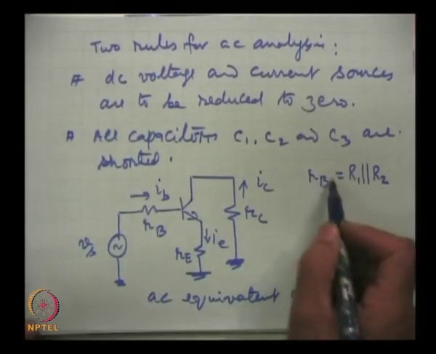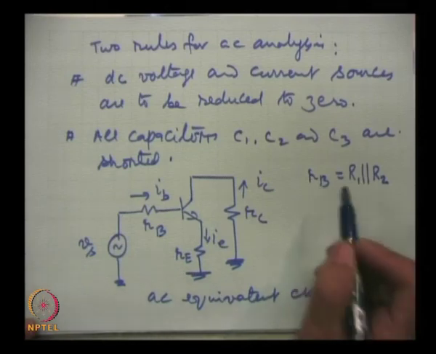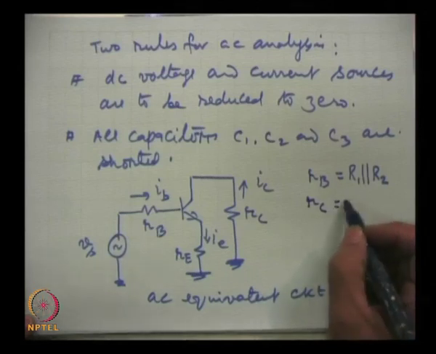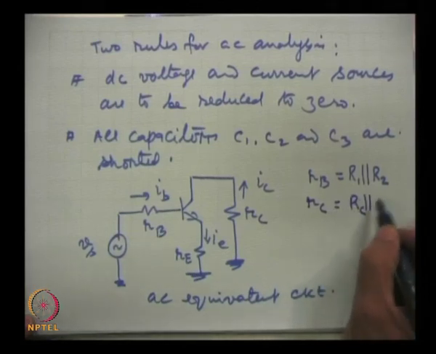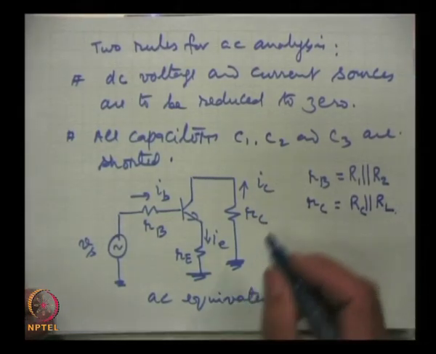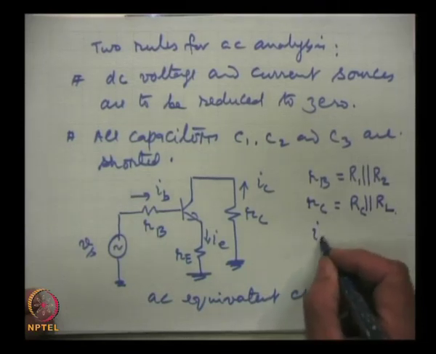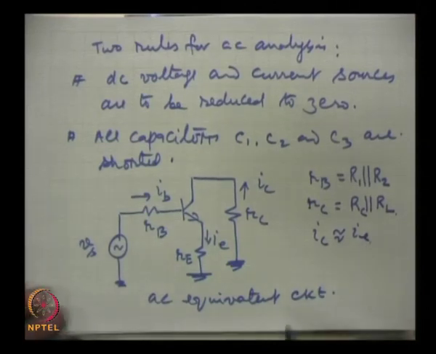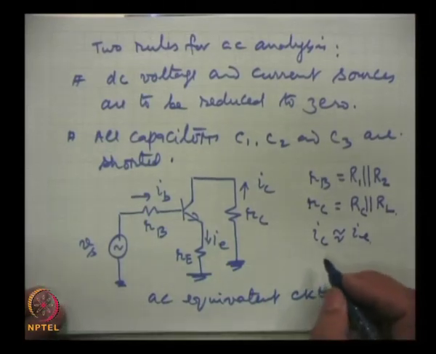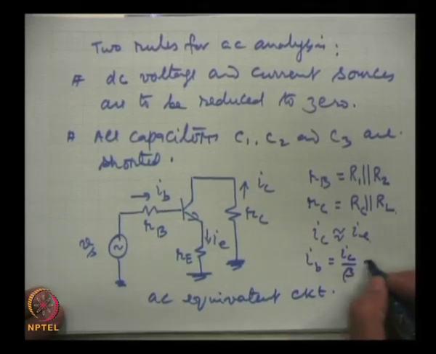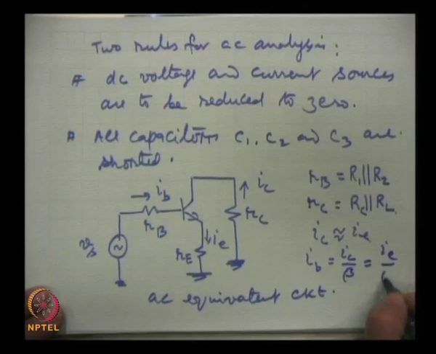So, this is the effective value of base resistance, and this is the effective value RC, the combination of collector resistance with the load resistance. And also always remember that collector current is very close to the emitter current, and IB you know is IC by beta, and this can also be written as IE by beta.